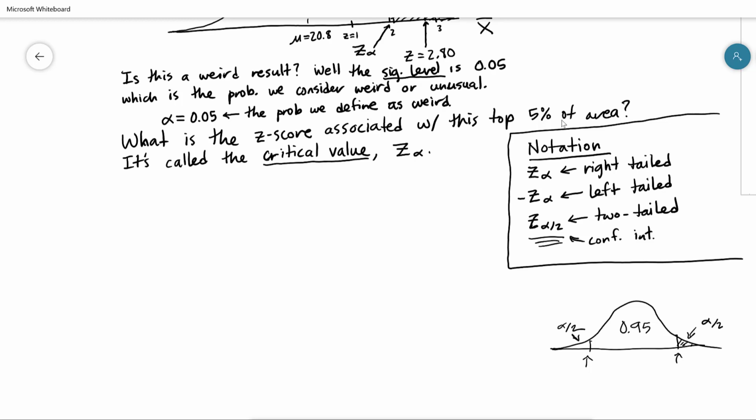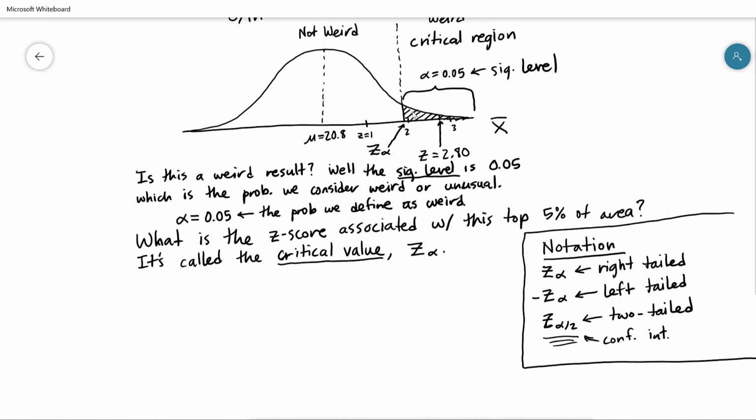So I'm going to erase this, but you'll notice it's the same idea as we did with confidence intervals. And this hopefully explains why we use that notation. Alpha is supposed to be the amount of area in the tail, or really the total amount of area in possibly both tails. And that means in this case it would be half of it over here and half of it over here if it was two-tailed.